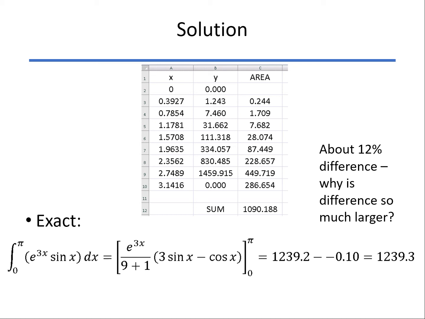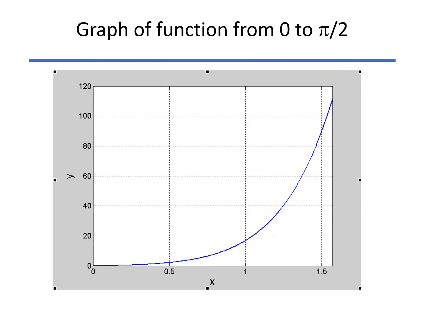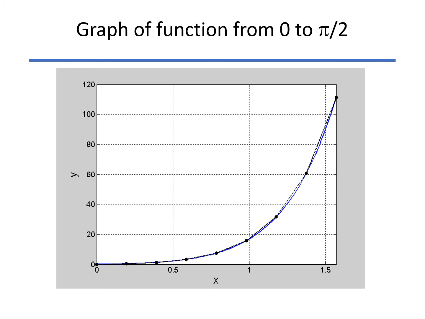And so if we look at the graph, here's what we were looking at when we integrated from 0 to pi over 2. And so when we did our 8 increments, you can see that they follow really nicely. And so the areas under the curve are not going to be too much different. You can see we're overestimating a little bit at the upper regions.